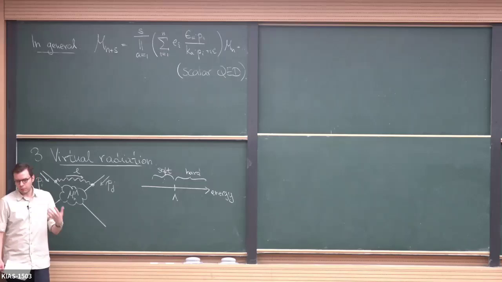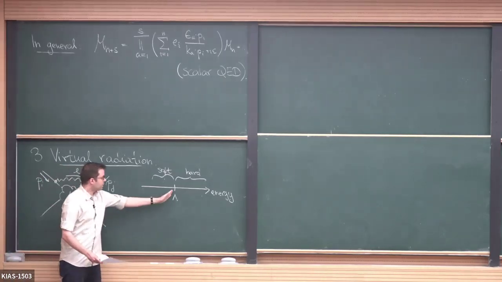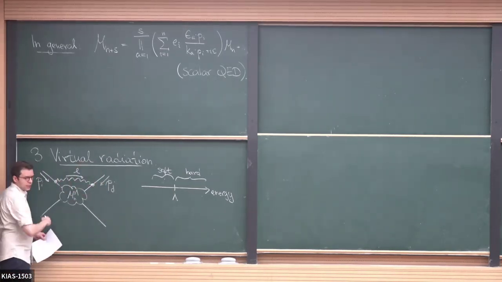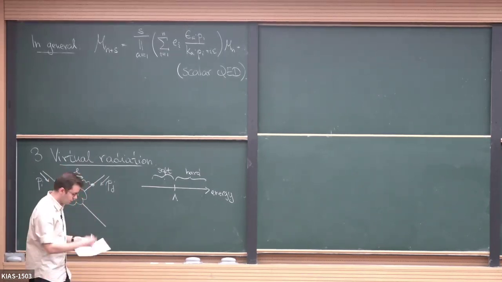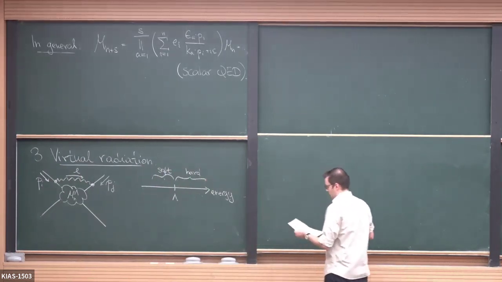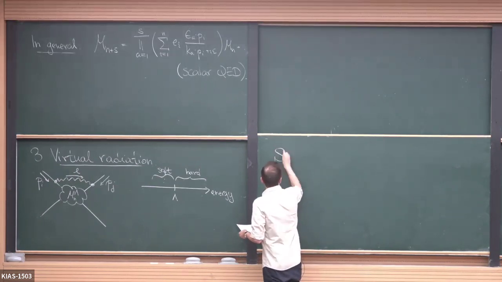And then on top of that, I'm including the first correction from the physics of the soft particles, which in this case would be adding just one extra soft momentum. I'm going to claim that this is the leading order. And let's just write down some equations.